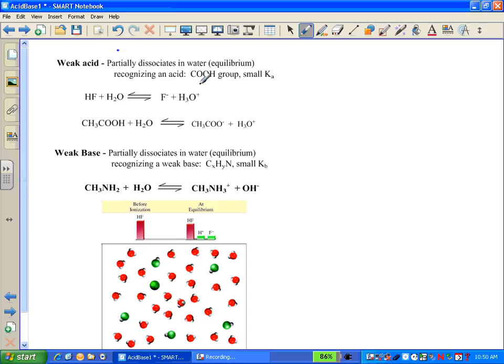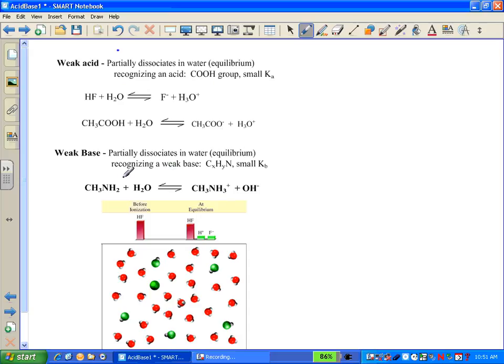So the way that you can recognize them is that they've got the COOH group, so organic acids tend to be weak acids. And hydrogen fluoride is another weak acid. It's not on the list. We'll discuss structurally why some acids are stronger than others. These are going to have equilibrium constants associated with them, and they'll have a small Ka value because the equilibrium does not go very far to the right.